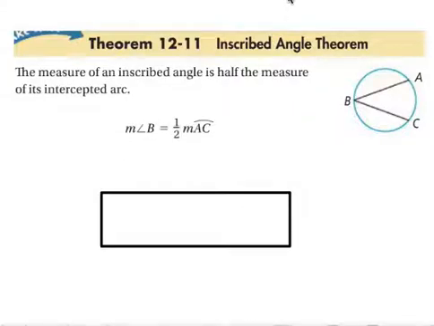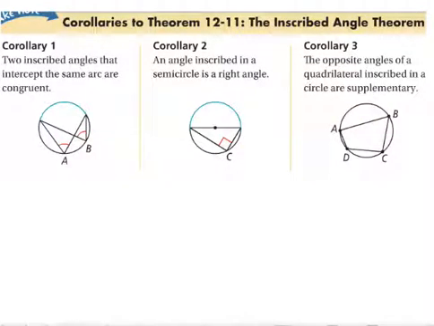So this would be this measure right here, and this angle is going to be half that. So if this is 40 degrees, then this is going to be 20 degrees. That's an example of how that might work. Okay, and then here's a little bit more about that theorem.